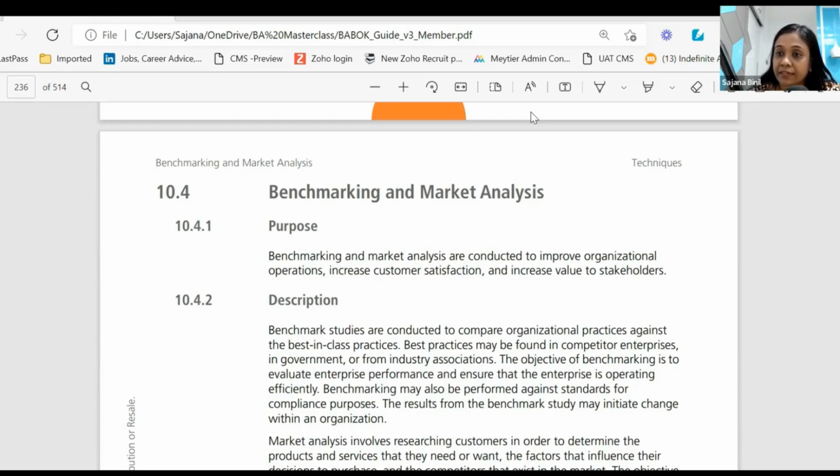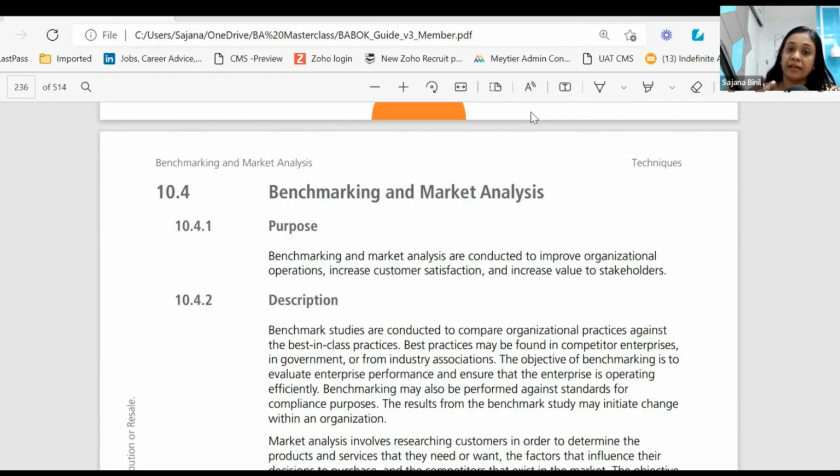Benchmark studies are primarily done when you want to compare your organization with the people who are best in class. Let's say your organization is one of the top 10 companies. Every organization's marketing team does this benchmarking exercise on a regular basis.